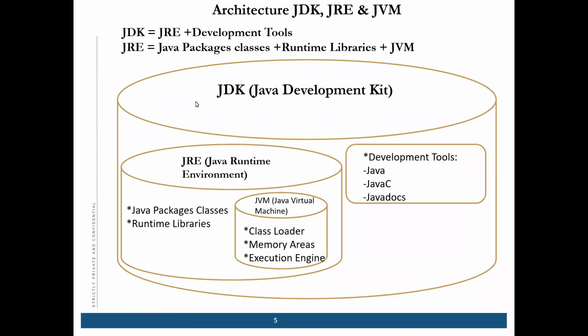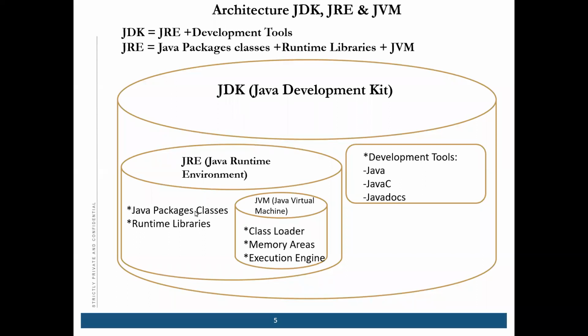About the architecture of JDK, JRE and JVM: this whole thing is called the JDK, which is the Java Development Kit. Inside that we have the JRE, the Java Runtime Environment.